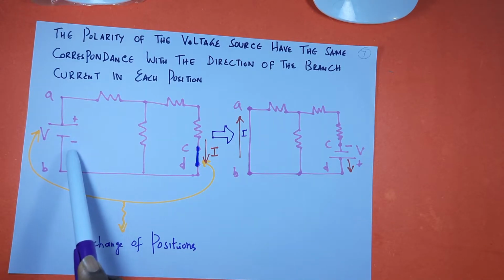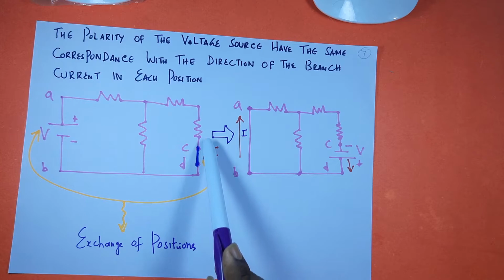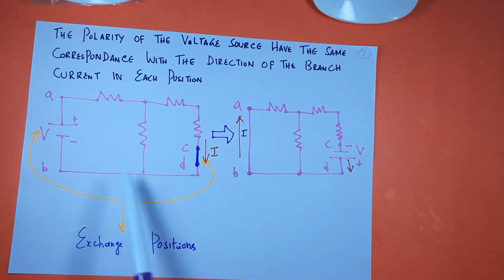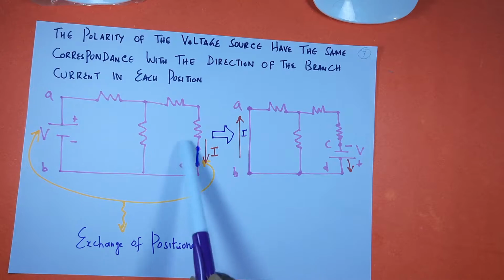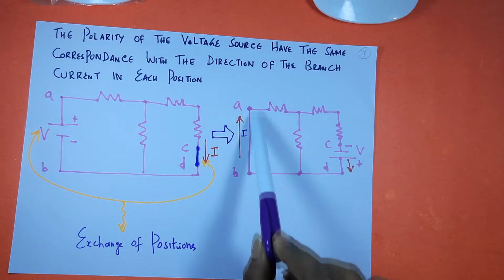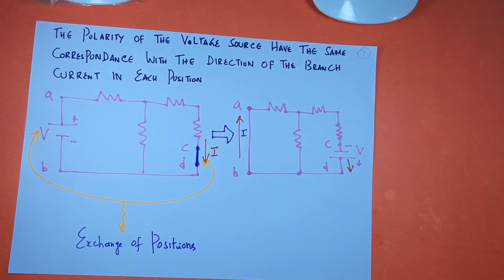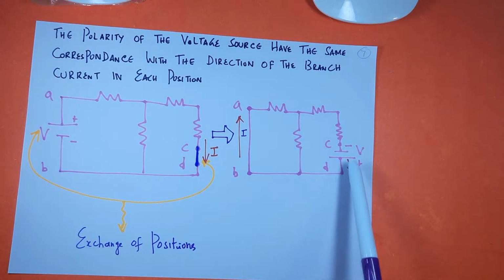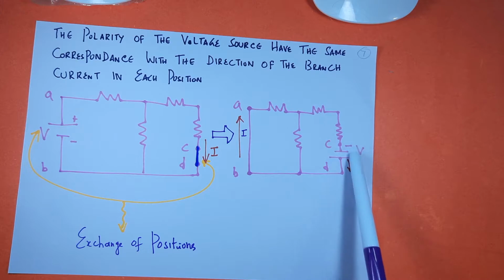Okay. But the current orientation should be like this. Okay. Accordingly, you have to exchange this. Say for example, this short circuit we have introduced here between A and B. This voltage source we have put here, but with this orientation.